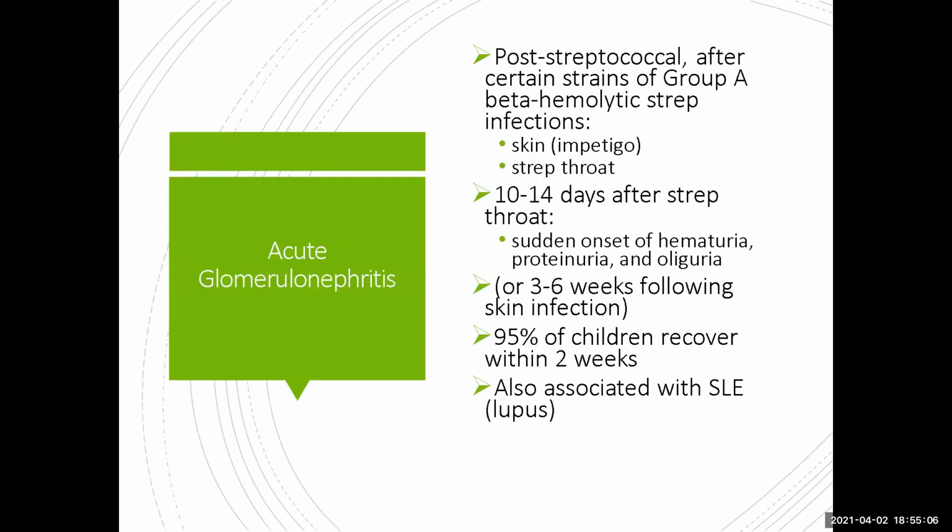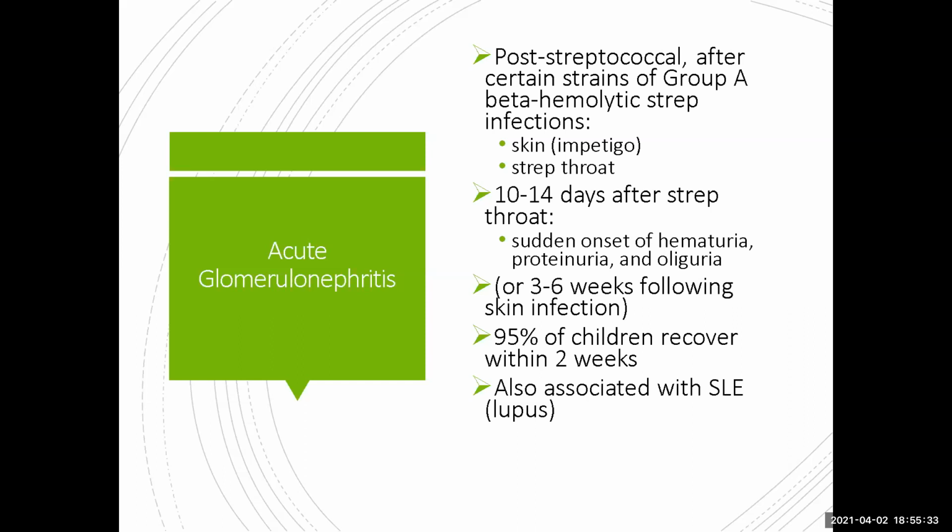So post-streptococcal occurs after certain strains of group A beta-hemolytic strep infections. So you can have the skin, which is impetigo, or you can have strep throat. It can develop 10 to 14 days after the strep throat. All of a sudden they will have hematuria, proteinuria, and oliguria.